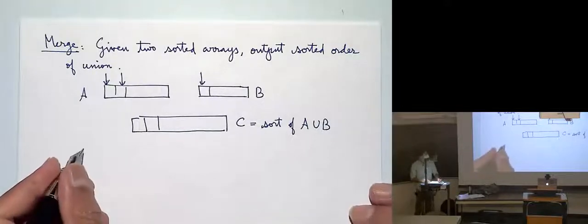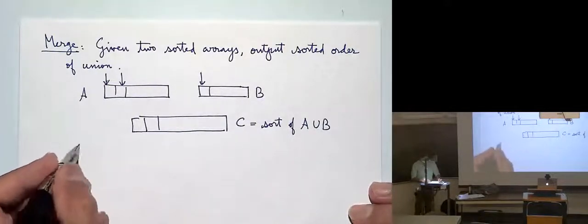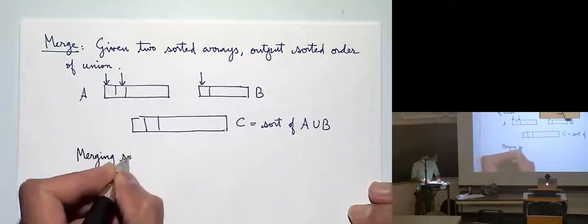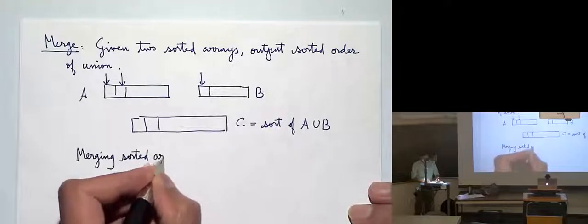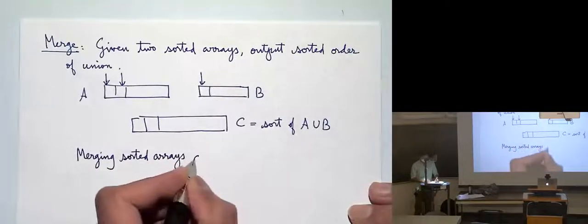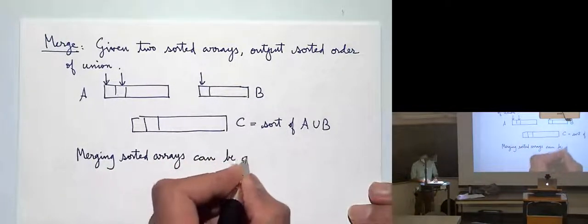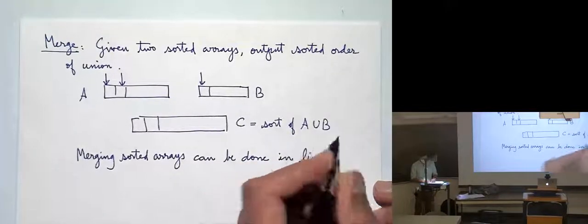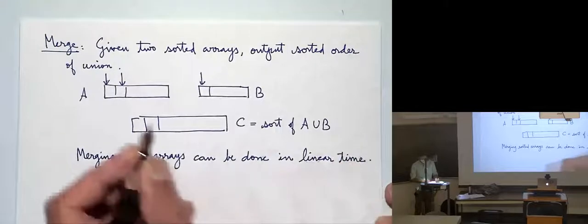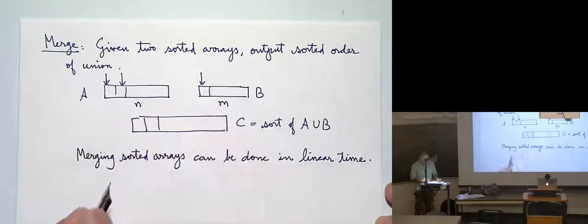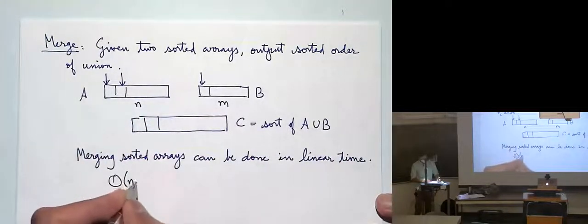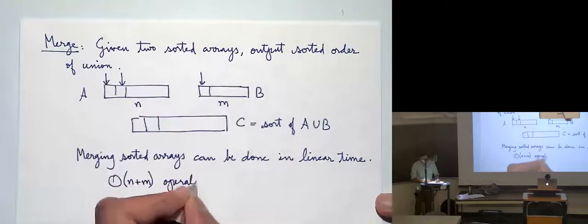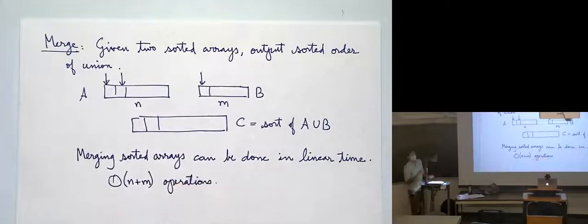And so what we know is that merging sorted arrays can be done in linear time. If the length of this is n and the length of this is m, basically you need O of n plus m operations, or time.